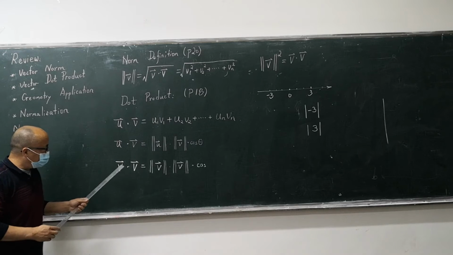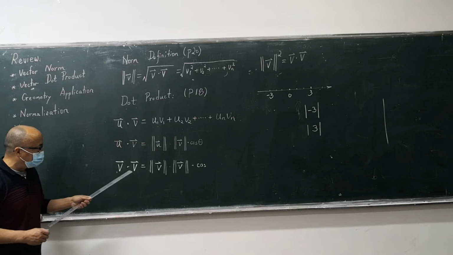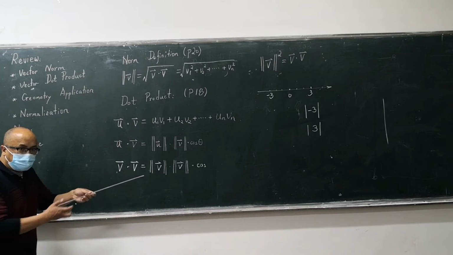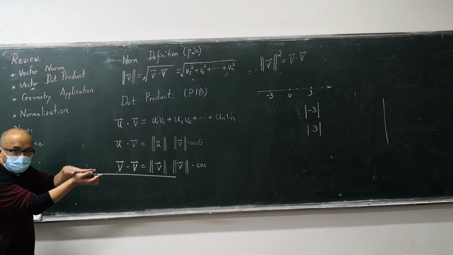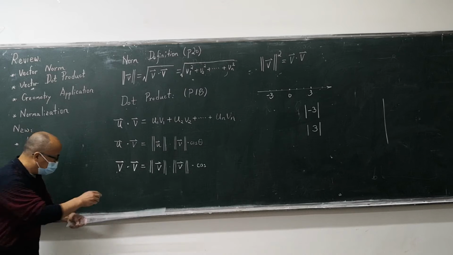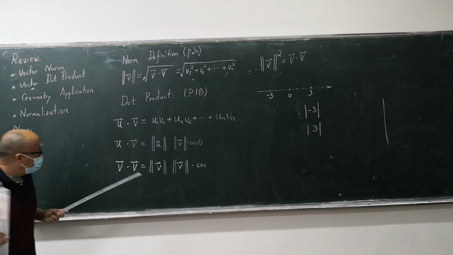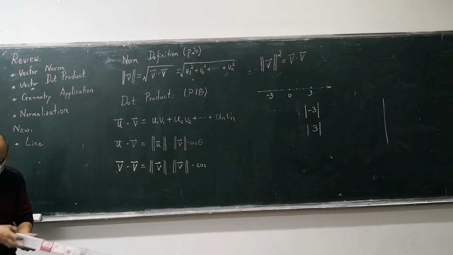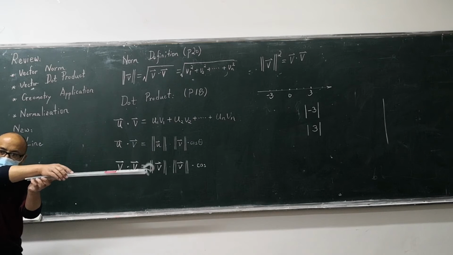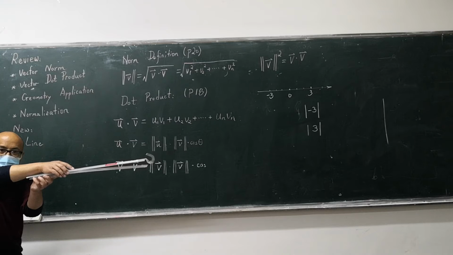We focus on this question: v and v, what's the angle? Two vectors are the same. What's the angle between the two? 0.